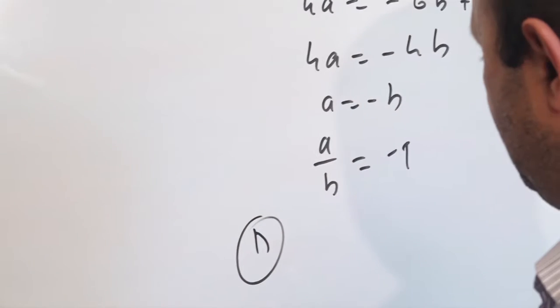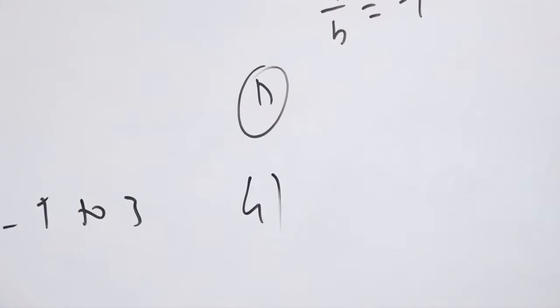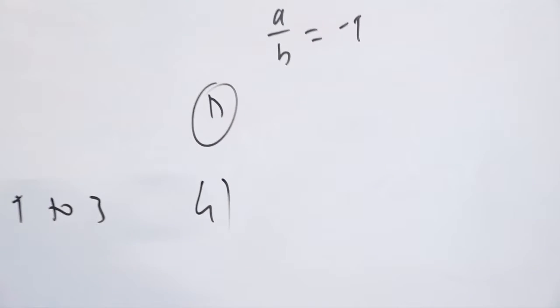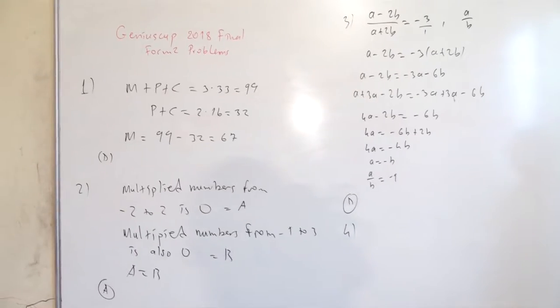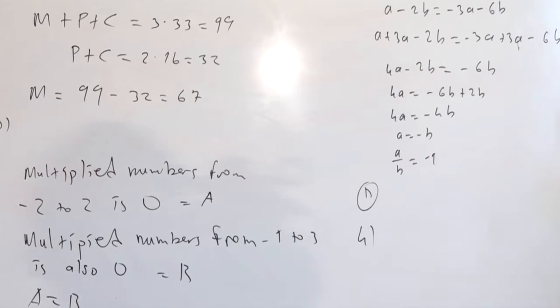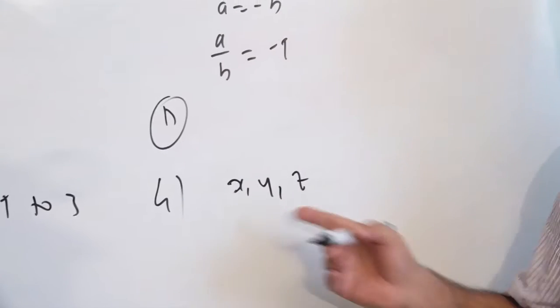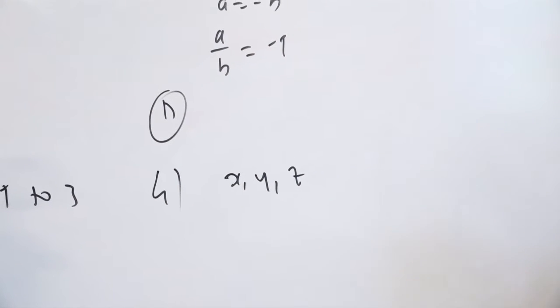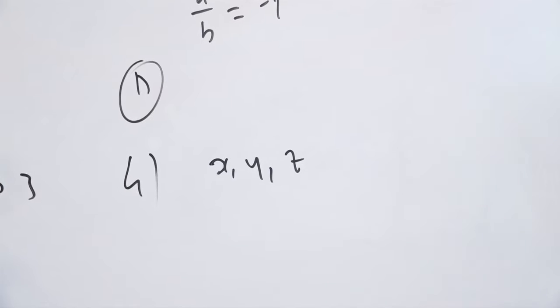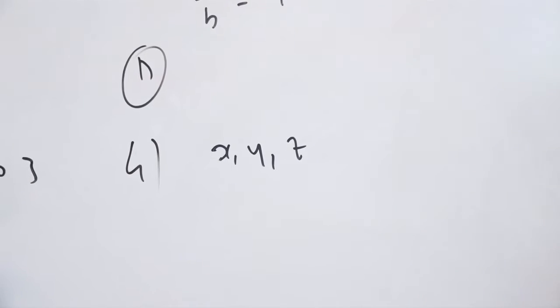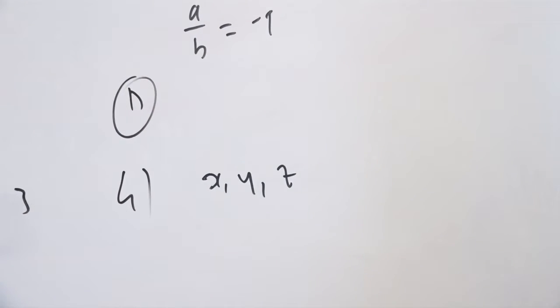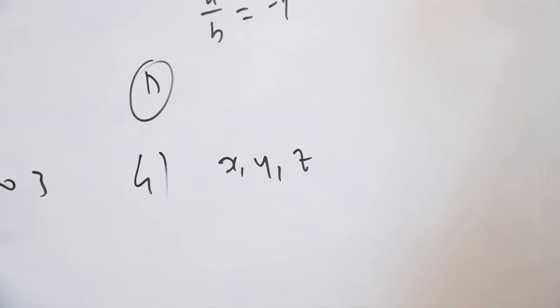Question number 4. In question number 4, we have 3 distinct real numbers, X, Y, and Z. These numbers can be positive, negative, all of them negative, all of them positive, or some negative and some positive. We don't know.